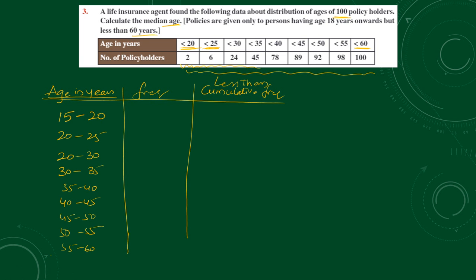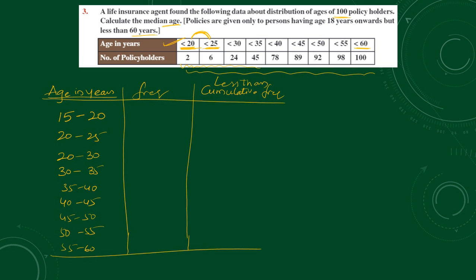The last class is less than 60, so the last class interval is 55 to 60. These are the class intervals we generate for this table, taking an interval of 5 based on the difference.